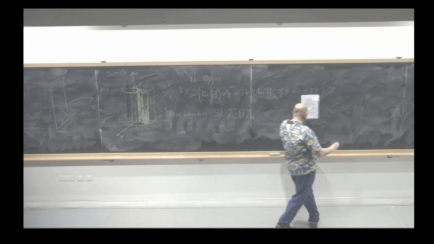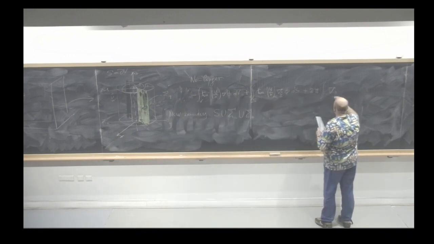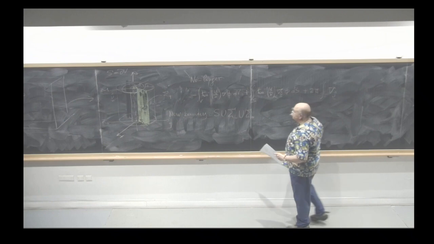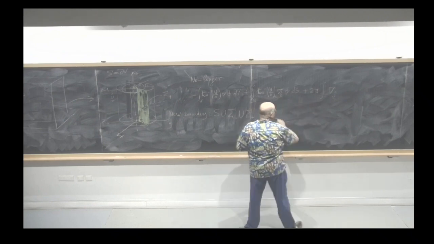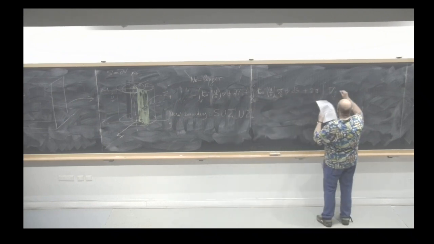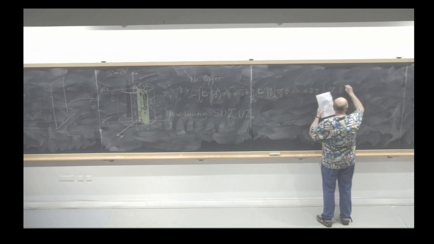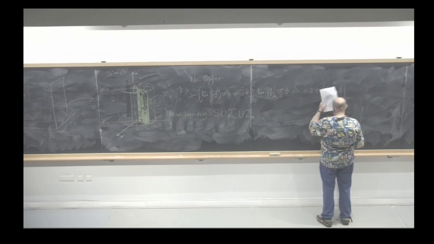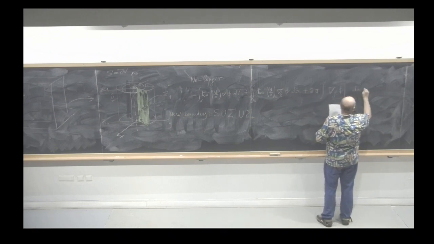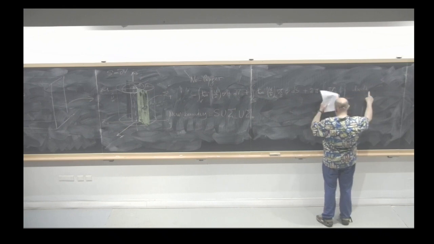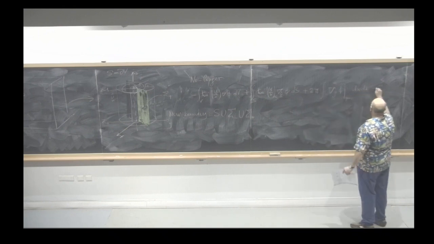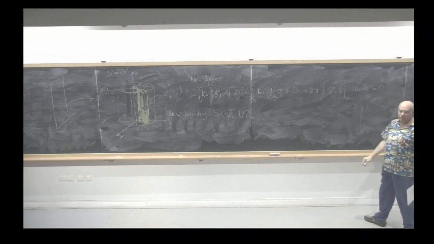I have the unit vector j, that plays the role of this nu, of phi calculated at y equals 0, and this is dx dz because it's a surface integral, and you can show that this is 0.